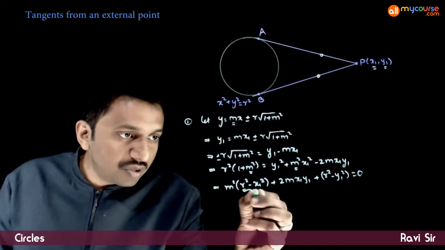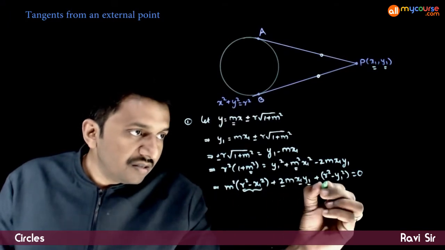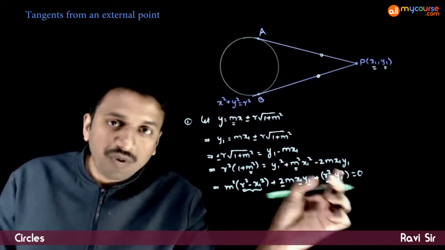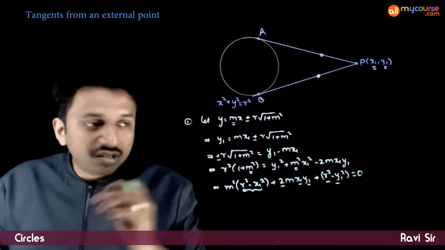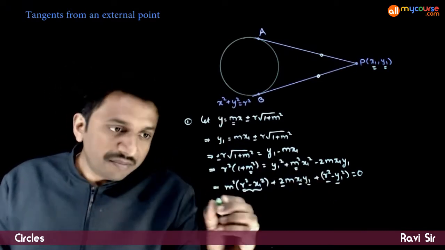If you substitute those values, these will turn out to be some particular numbers. So you have a quadratic in m.